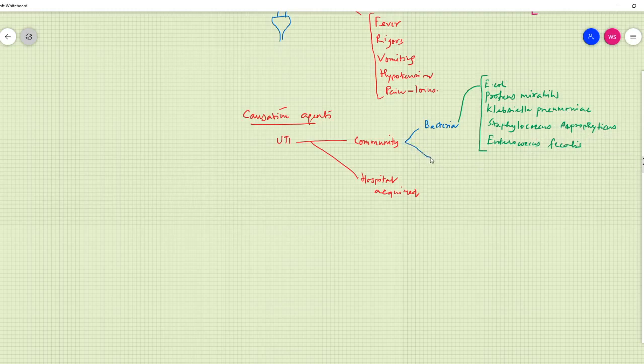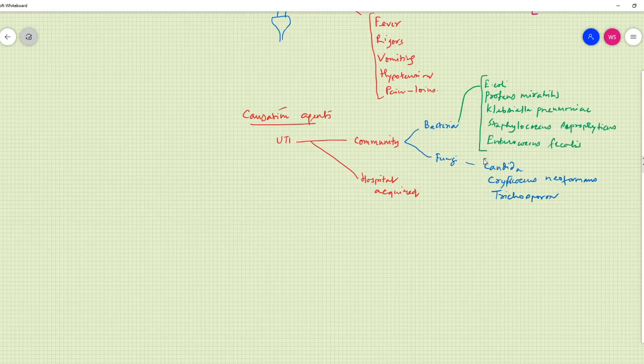Or it can be a fungus, and examples would be Candida species, Cryptococcus, or Trichosporon species.